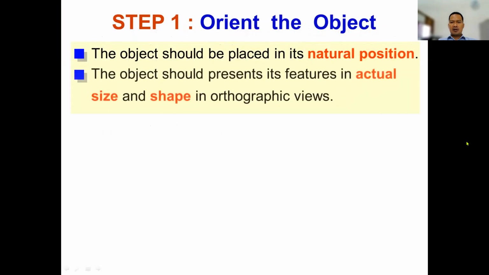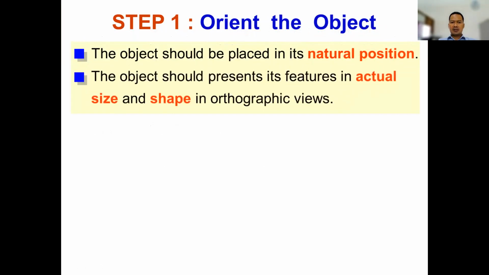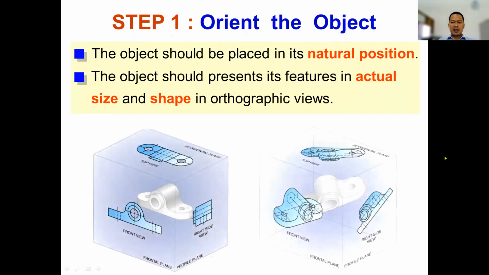Step 1, orient the object. The object should be placed in its natural position, and the object should present its features in actual size and shape in orthographic views. For example, you see the two figures on the screen here.